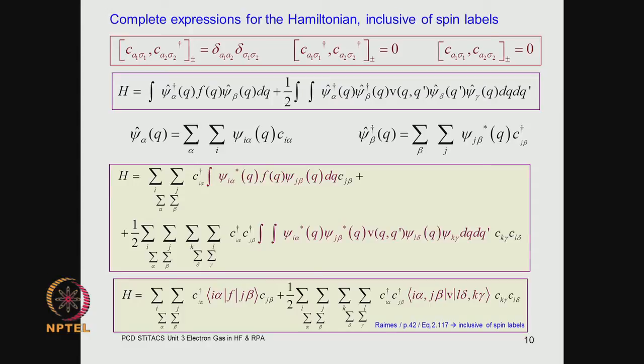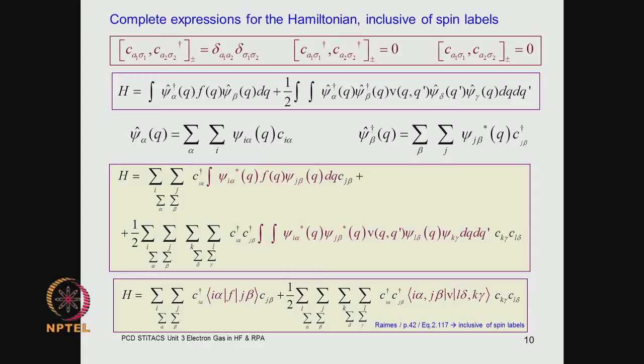and we can write them explicitly in terms of the spin components. So, now we have taken it to the next level of detail. It is the same Hamiltonian for the field operators, but now we point out the summation over alpha, okay?